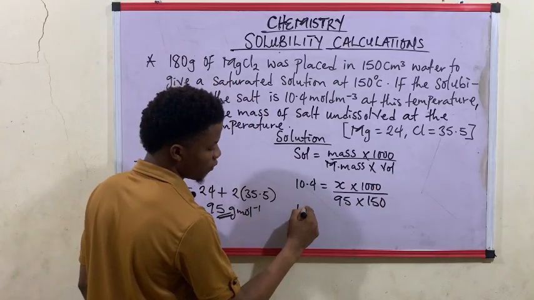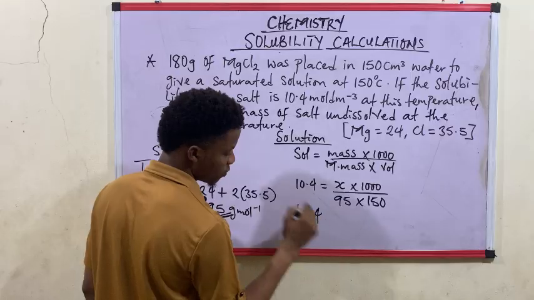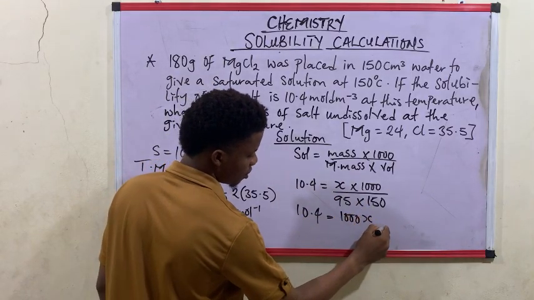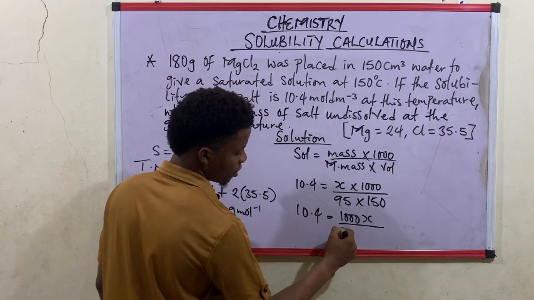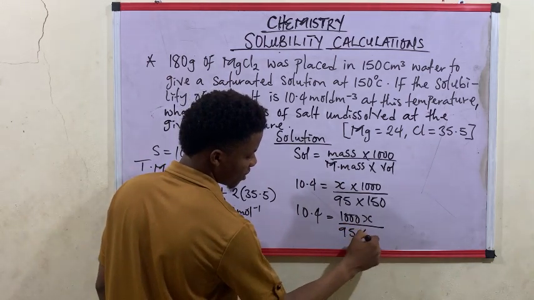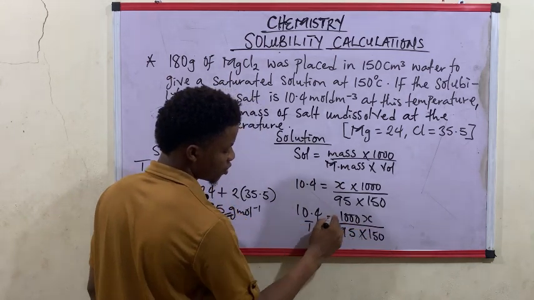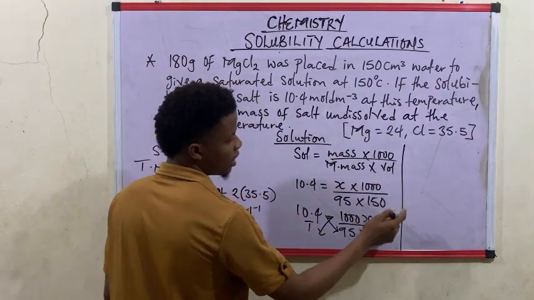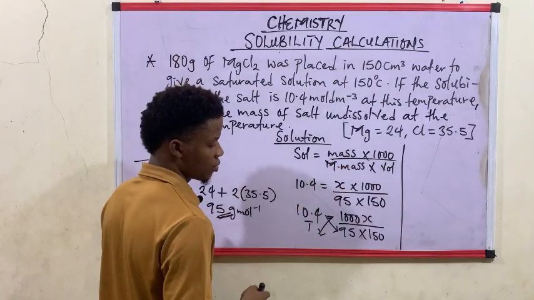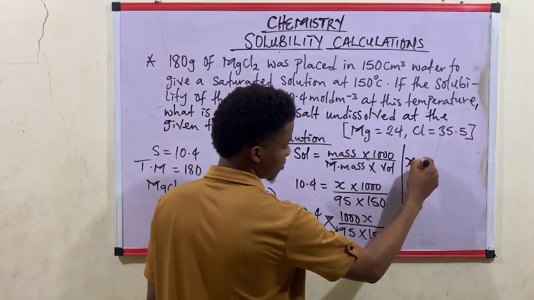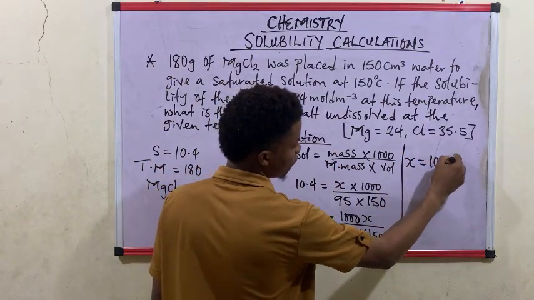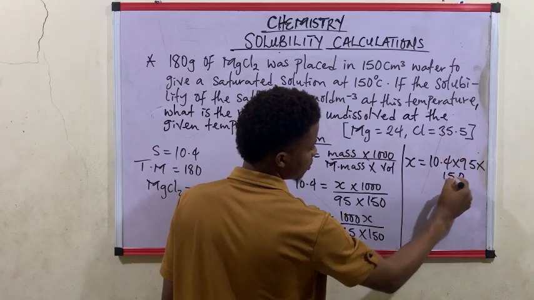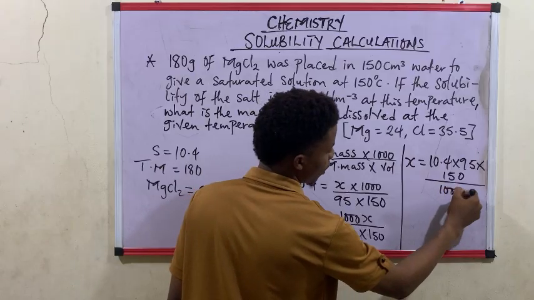So by the time you do this, you have 10.4 equal to 1000 times x, which is 1000x, all over 95 times 150. By the time we cross multiply and apply division, you just have x is equal to 10.4 times 95 times 150 all over 1000.